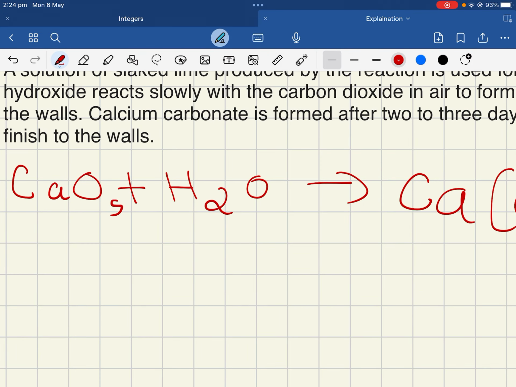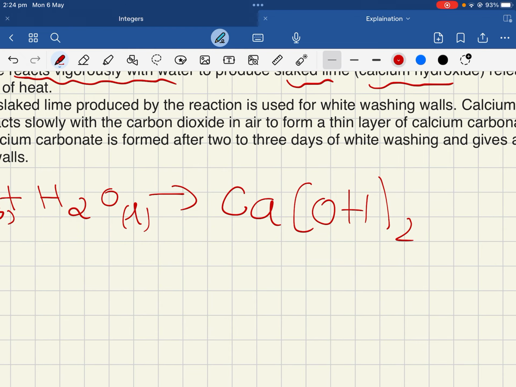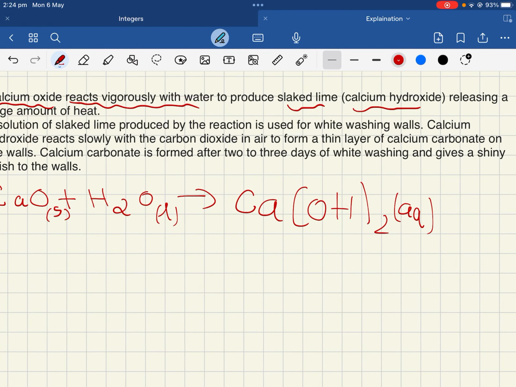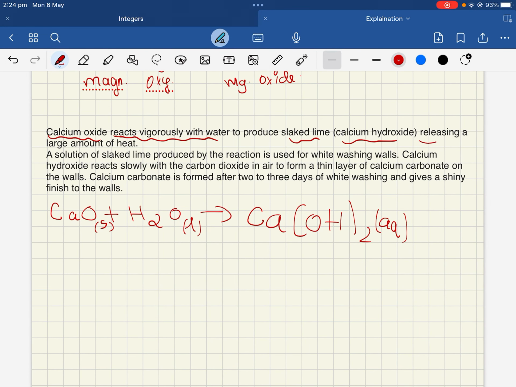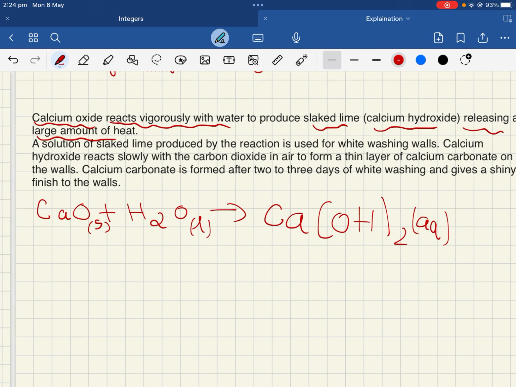Also, do not forget to note the solid, liquid, and aqueous or gas form. It is very important. Releasing a large amount of heat. So this is also an exothermic reaction. We will study later, but now you are studying in the form of combination reaction.